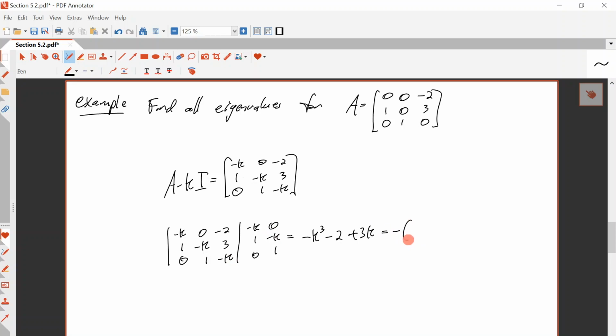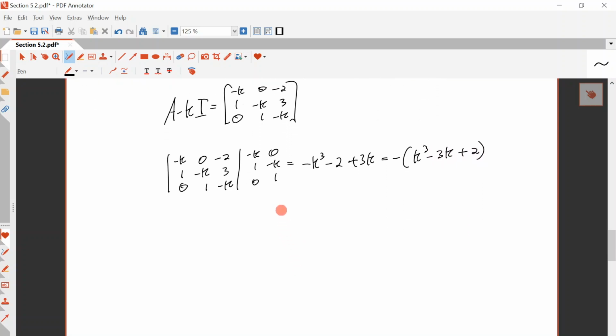So this is the negative of k to the third minus 3k plus 2. Okay, so we find the eigenvalues by solving k to the third minus 3k plus 2 equal to 0.